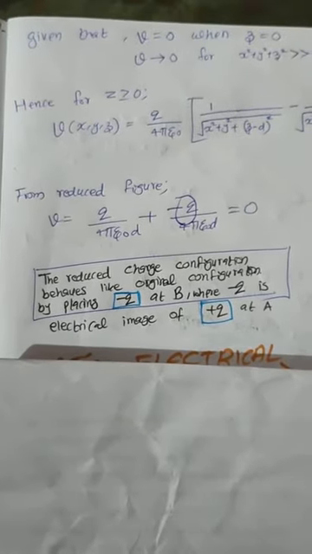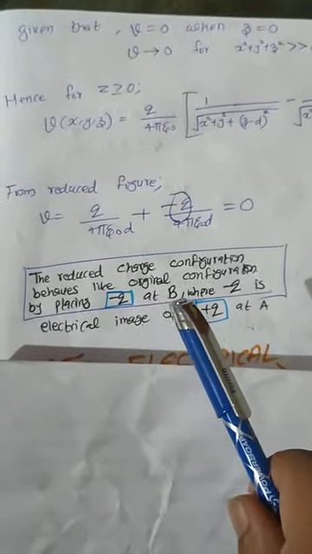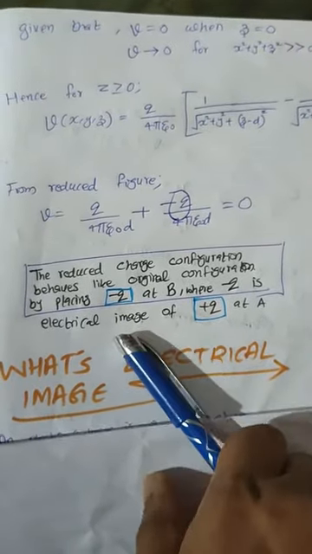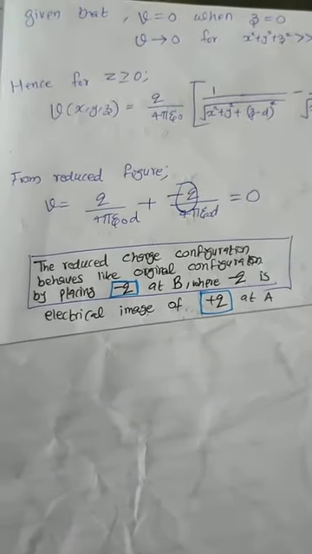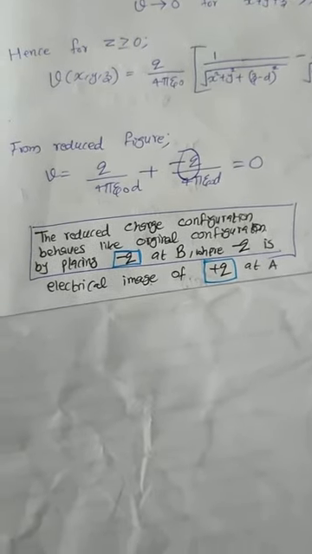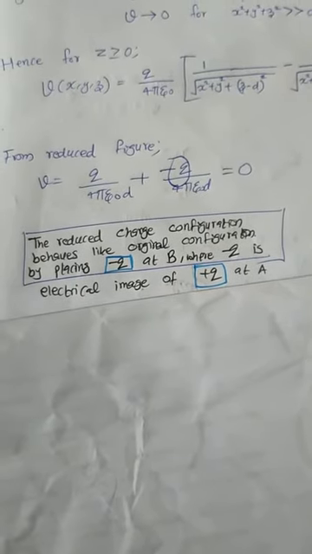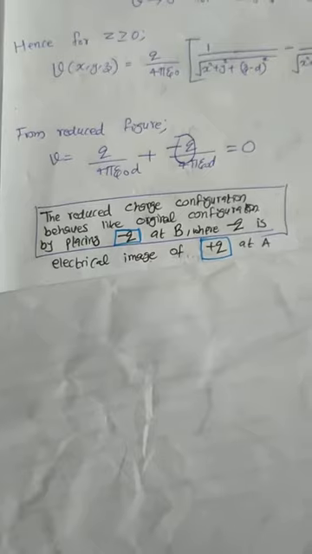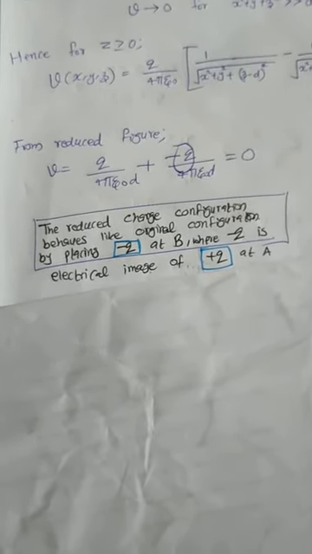So this minus q that we have taken is called the electrical image of plus q. So we have used the electrical image, minus q, to encounter this problem. So we can say that the minus q behaves as an electrical image of plus q.